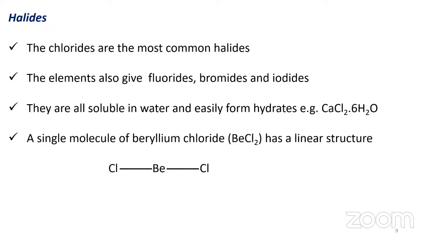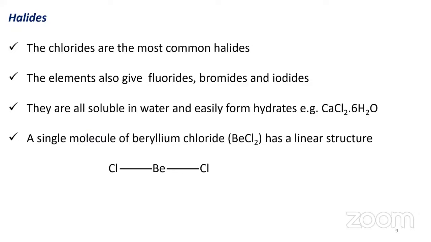We are going to see some of the importance of these elements that have water of crystallization, like your calcium chloride and your barium sulfate. We are going to see how many waters of crystallization they have, and most of them have good medicinal properties.